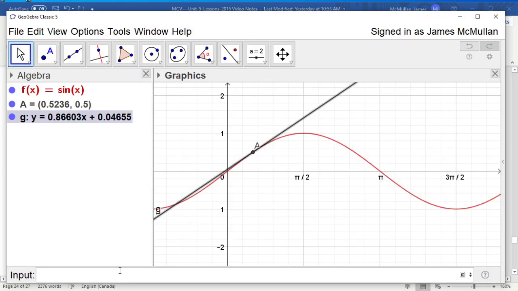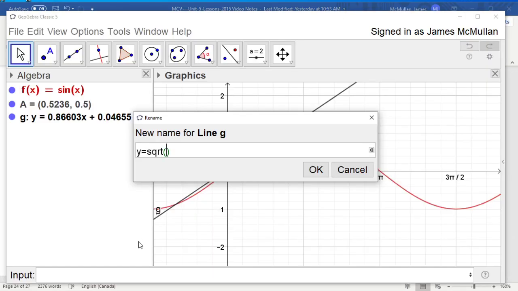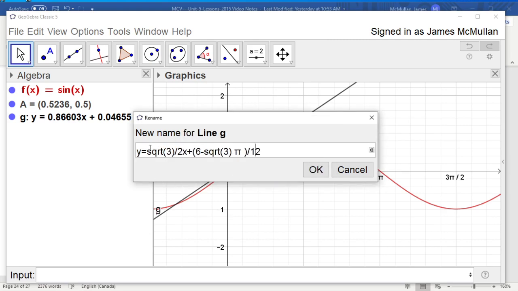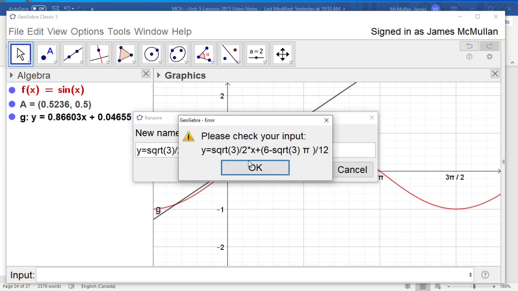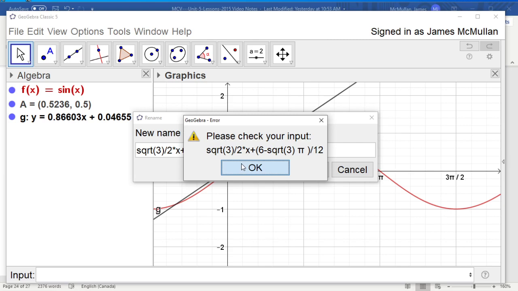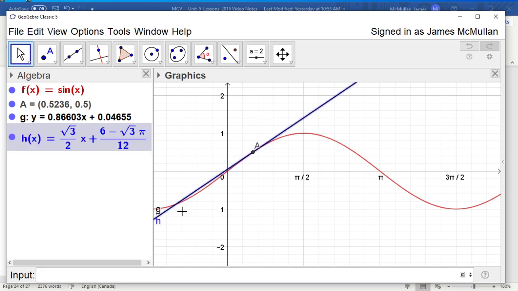So we have y equals root 3 over 2 x plus, okay, now our big thing here was 6 minus root 3 times pi. Okay, so there we go.